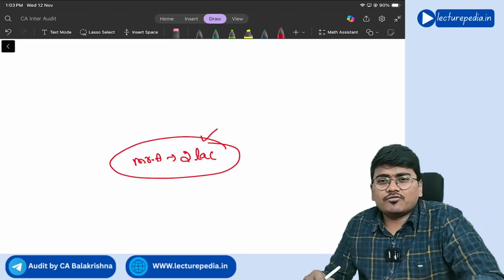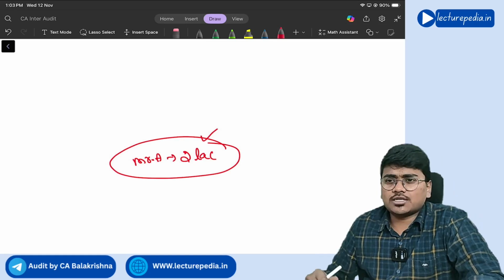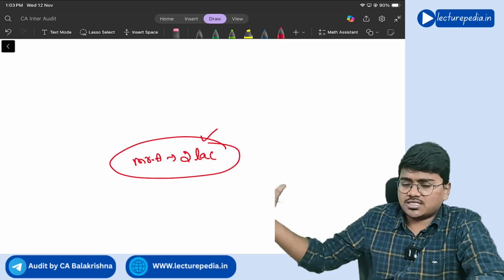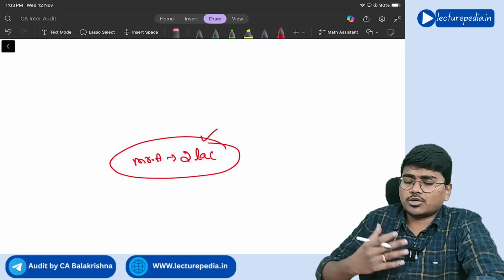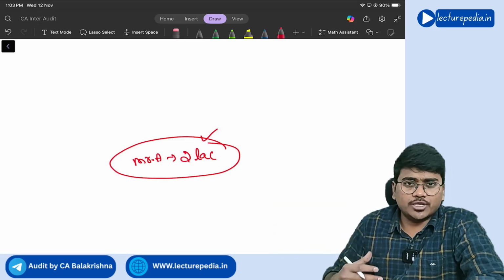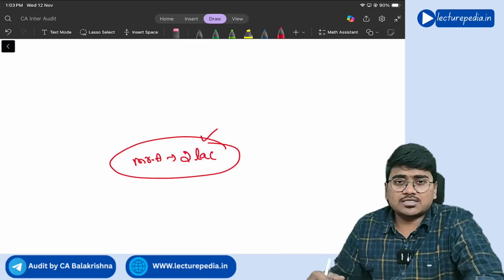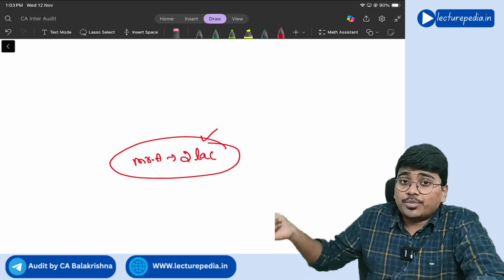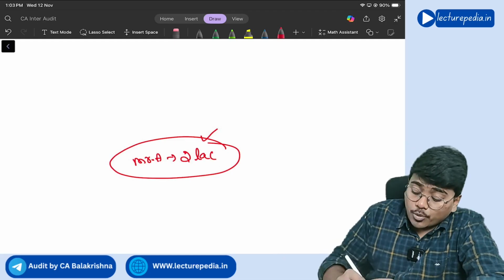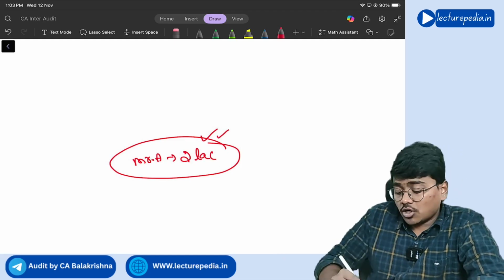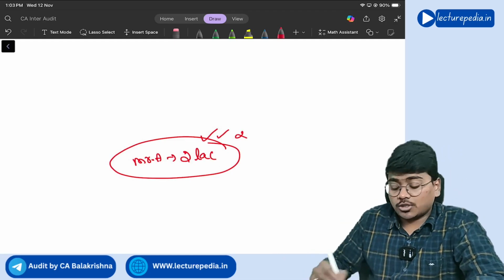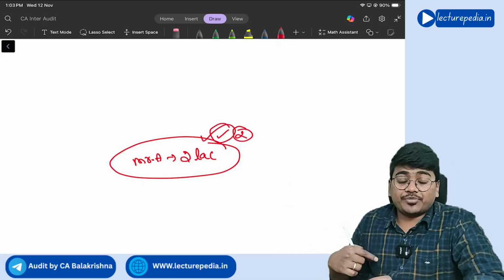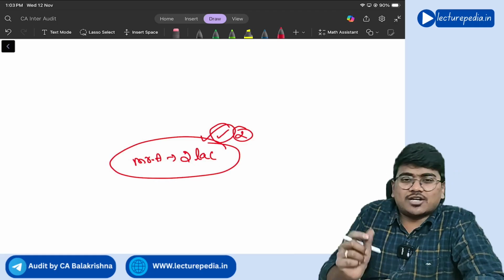To confirm whether this 2 lakhs is correct or not, the auditor sends the external confirmation to Mr. A stating that, see Mr. A, in the books of accounts it is showing that 2 lakhs has to be given by you. Now tell me whether this 2 lakhs is correct or not. Here you will ask Mr. A to please respond to me whether you agree with this amount or you don't agree with this amount. In both situations you give a response to me. That is a positive confirmation request.